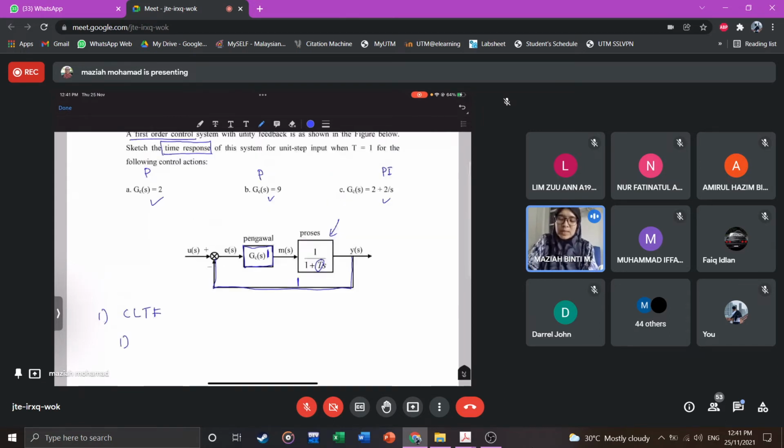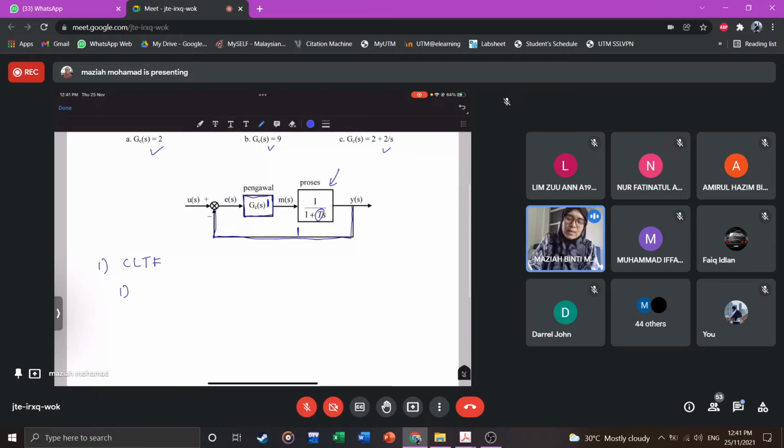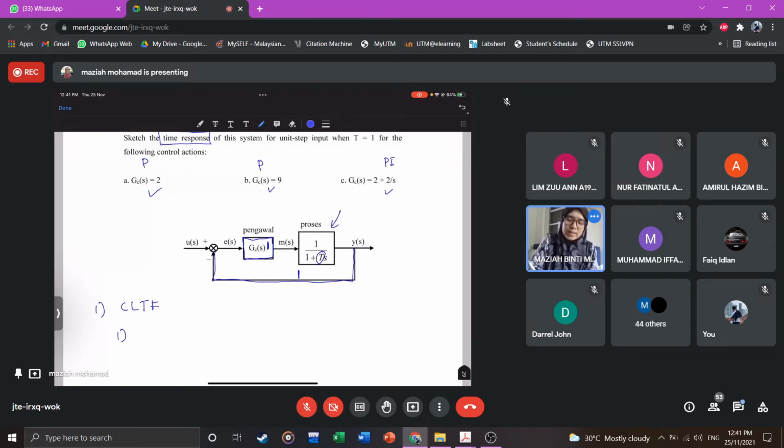Let's just consider there is an additional controller here, GC(s) equal to 1. Okay, the gain is 1. So if the gain is 1, it is actually only the system itself.